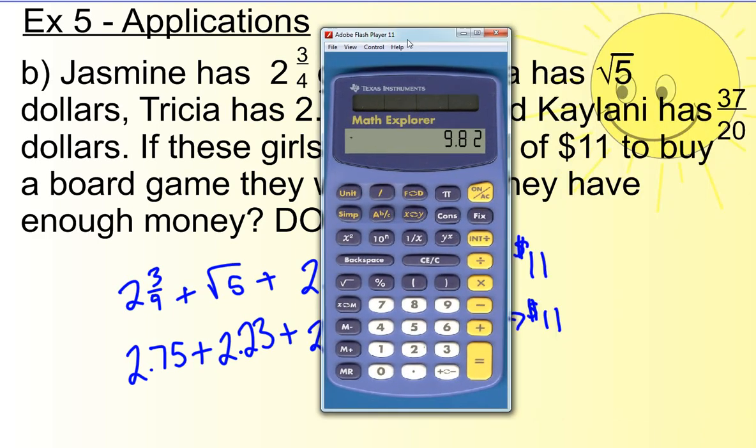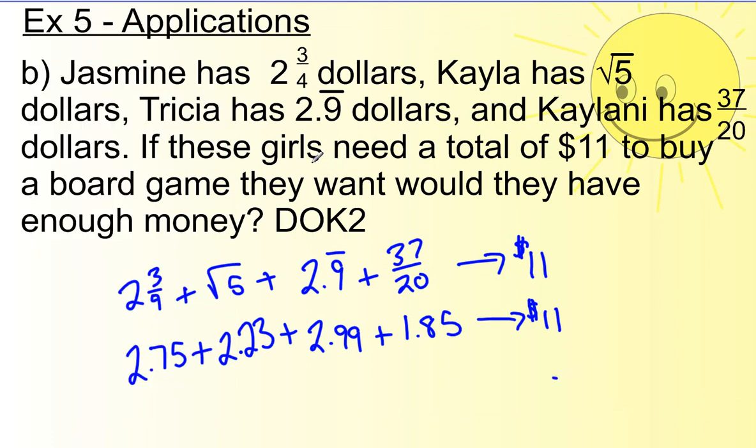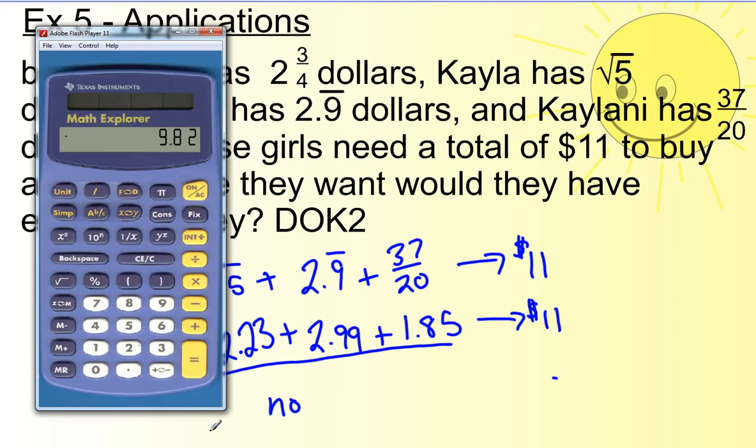They only have just almost $10. That's not going to be enough to buy this board game. So if the girls need a total of $11 to buy the board game, would they have enough money? No. The total of their money was $9.82.